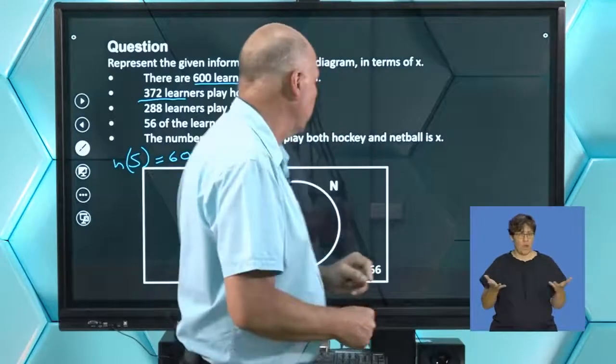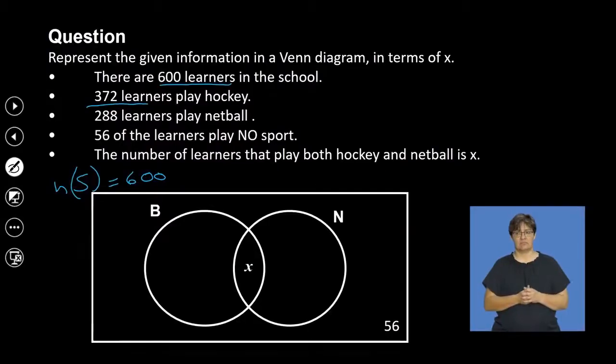Have a look what I'm talking about. You see, the hockey ones are the ones that, I recognize I've created a B and an N. This should be H. So we're going to call this one the H. Sorry about that. H for hockey.